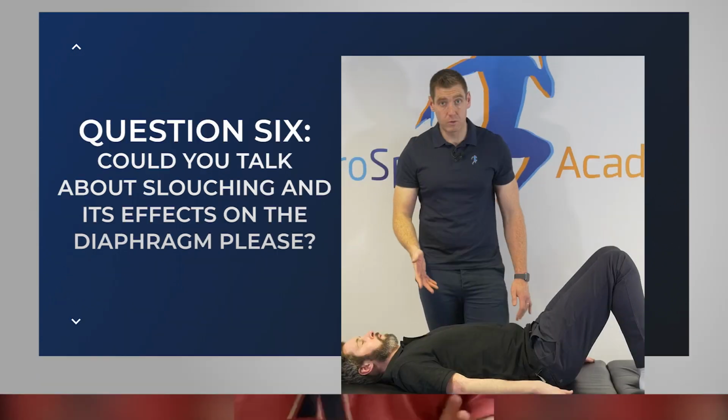Yeah, really good question. So again, slouching: when we slouch, our rib cage is going to depress and hopefully get a little bit of retraction. When we depress our rib cage and retract, our diaphragm is going to come up under our rib cage in a dome shape. From my experience, a lot of athletes, when they're stressed, when they've got increased load, at the end of a conditioning session when they're just trying to get through, we all tend to go towards this extension-based posture.